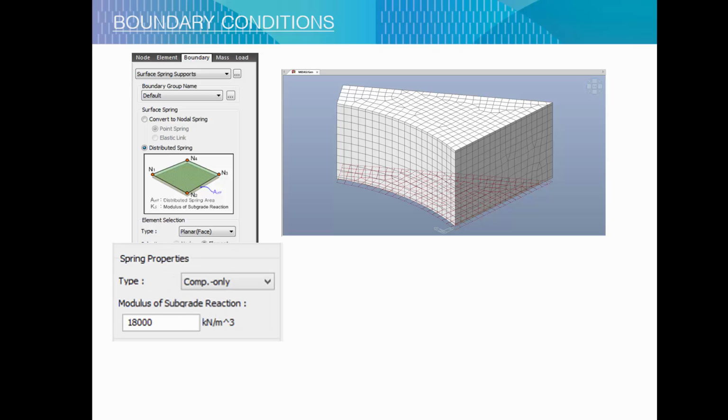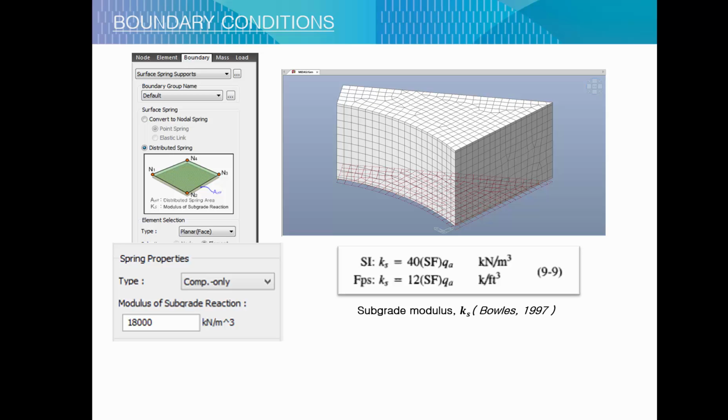To create the soil spring, we need the modulus of subgrade reaction. To compute this, we're going to use an empirical formula. Ks is equal to 40 times the factor of safety multiplied by the allowable bearing capacity.